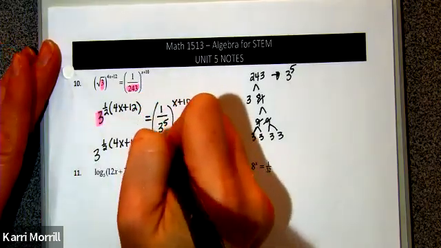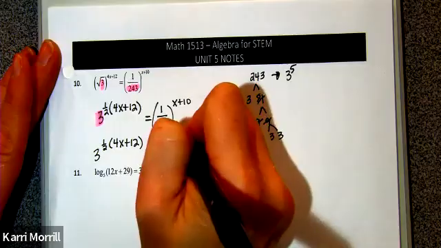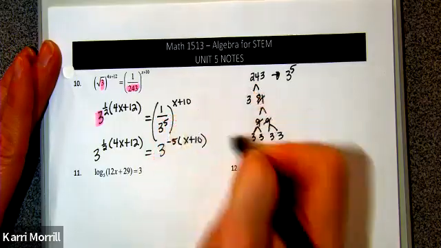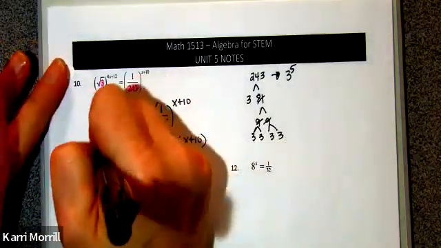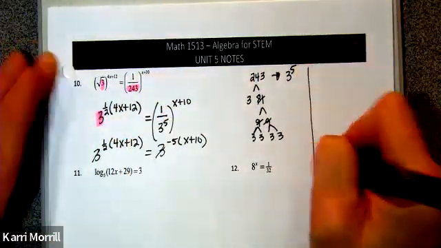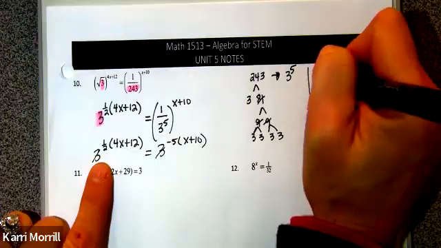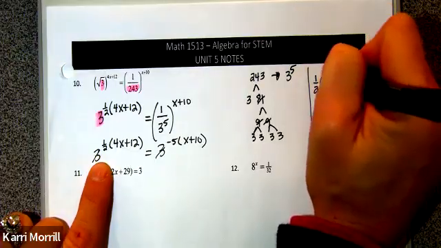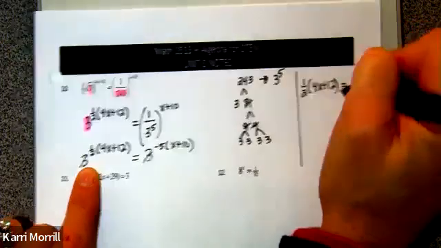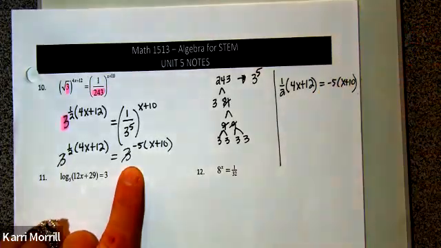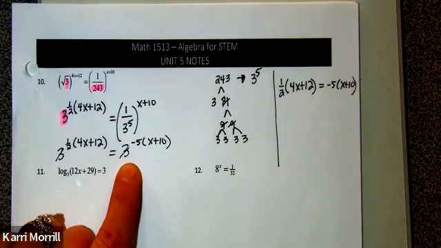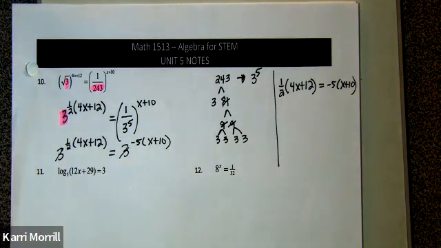So it'd be like saying 3 to the negative 5th times that x plus 10. Because we want like bases, so we can manipulate that. And then just come over here and work with the exponents. So 1/2 times 4x plus 12 equals -5 times x plus 10. So then we would just distribute and solve for our x.